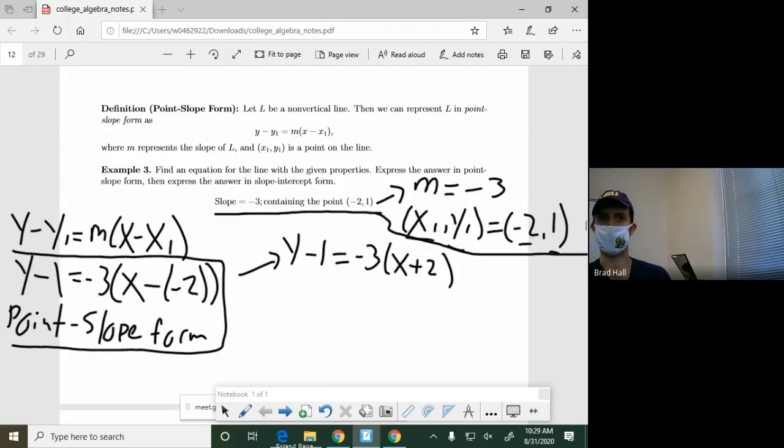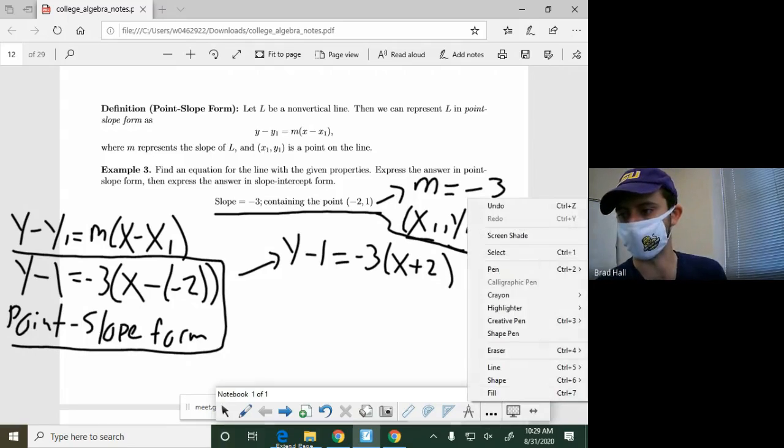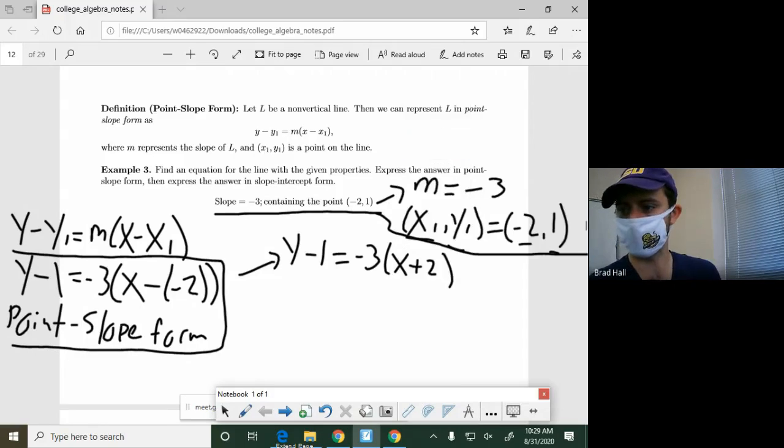There was an x minus -2, which I just made +2. And now it's nice and cleaned up to where we see that distribution would be the next step. We distribute.